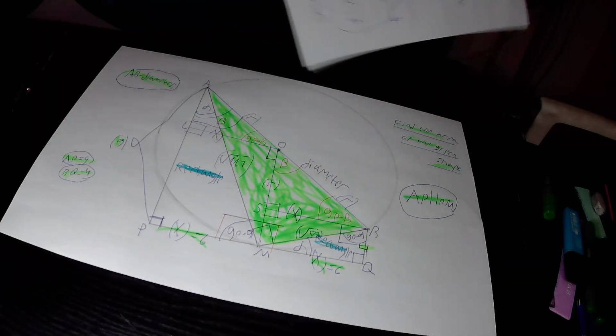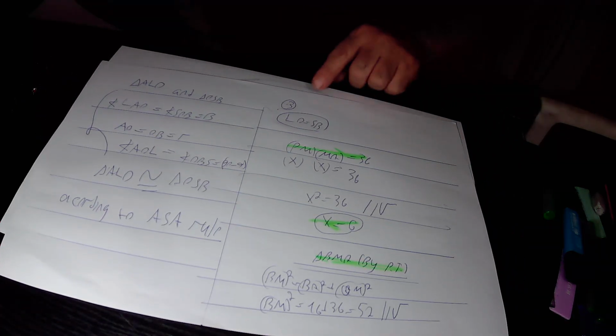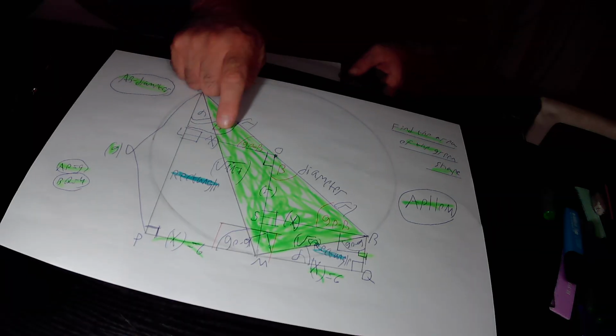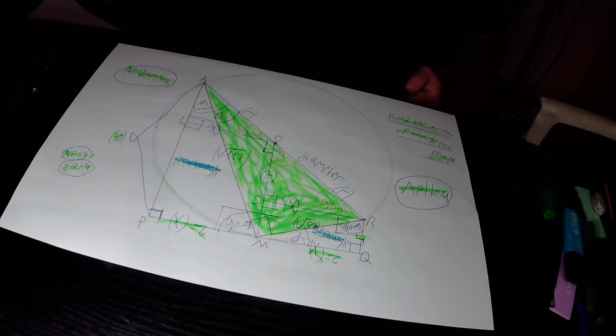From those, LO equals SB. So if we define the length of side LO as X, then side SB must also be equal to X because they are equal to each other. You know that the opposite sides of a rectangle are equal to each other.